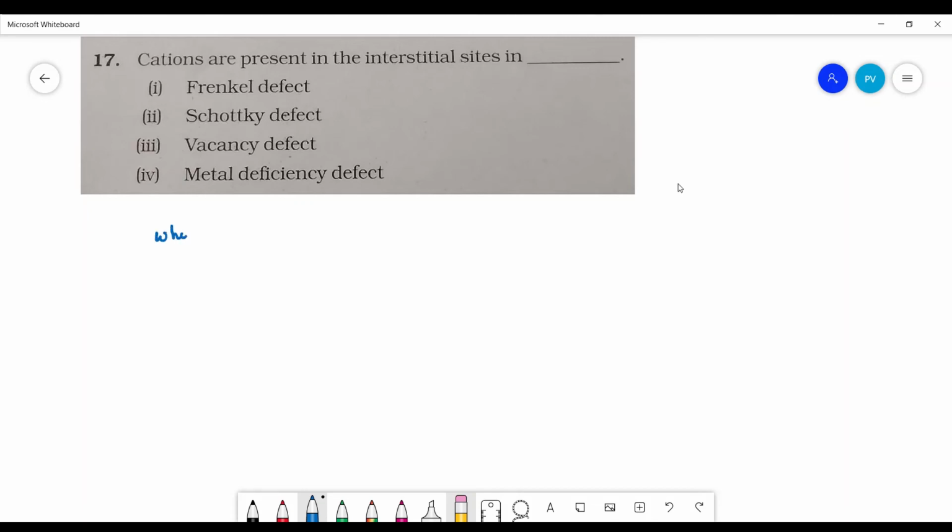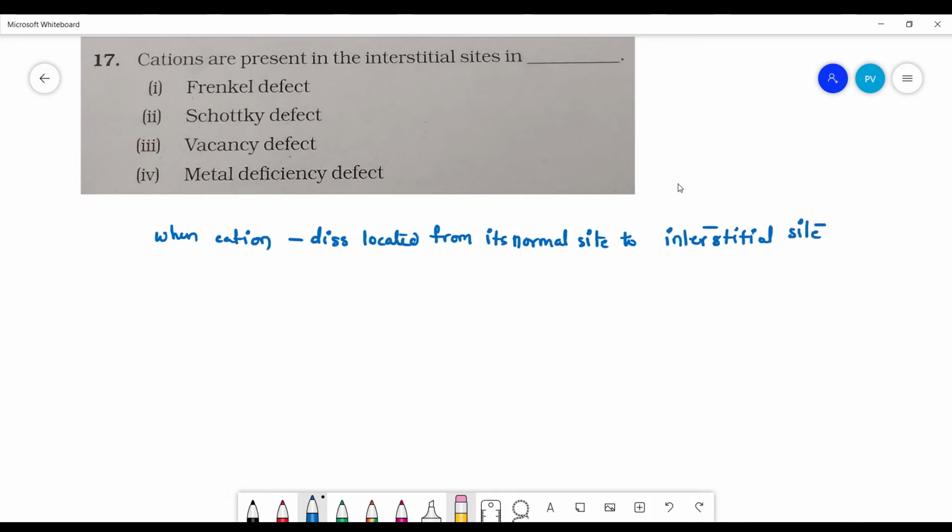When cations move to interstitial sites, meaning a cation is dislocated from its normal site to an interstitial site, it is known as Frenkel defect.